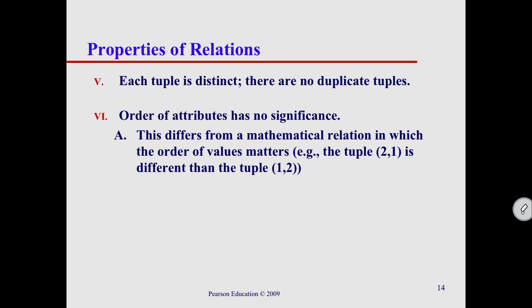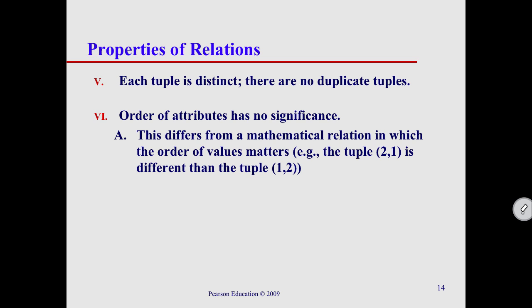Okay, then each tuple is distinct, so you can't have duplicate rows in a relation. That is not always easy to do, and that's one of the reasons why you often generate artificial keys to identify people, because there are so many people in the world.